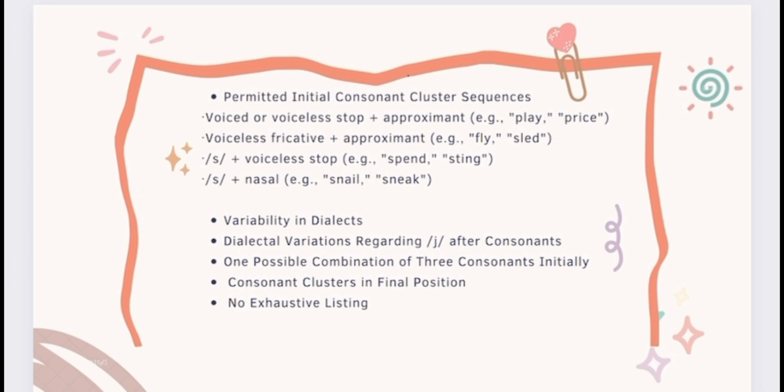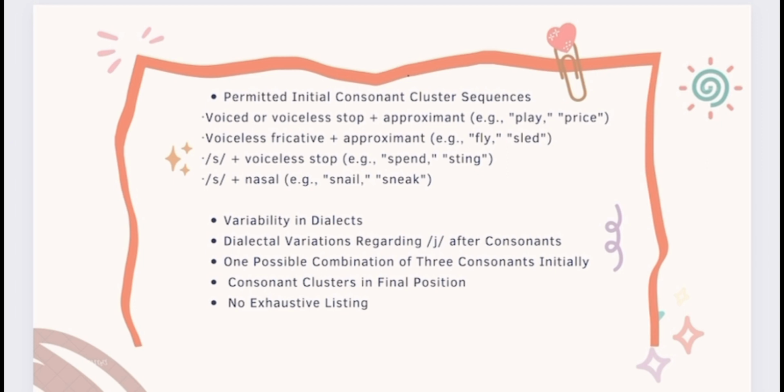Consonant clusters in final position. Final consonant clusters in English can be more complex and can contain up to 4 consonants. These clusters occur at the end of words. No exhaustive listing.